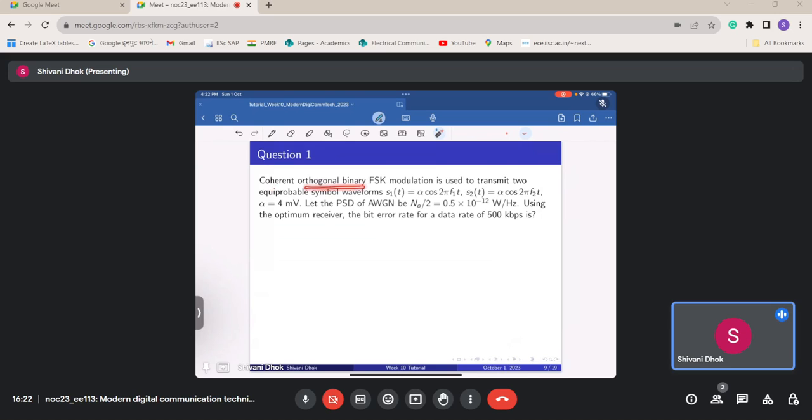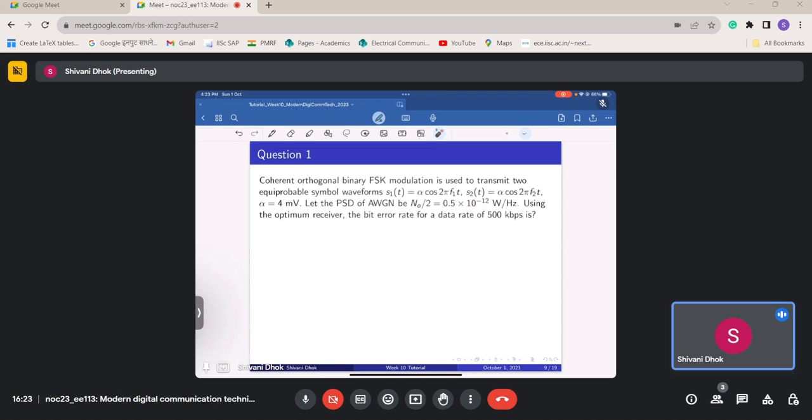Coherent orthogonal binary FSK modulation is used to transmit two equiprobable symbols, S1 equal to alpha cos 2 pi f1t and S2 equal to alpha cos 2 pi f2t. If alpha is equal to 4 millivolts, and let the PSD of this additive white Gaussian noise be N0 by 2, which is equal to 0.5 into 10 raised to minus 4 watt per hertz.